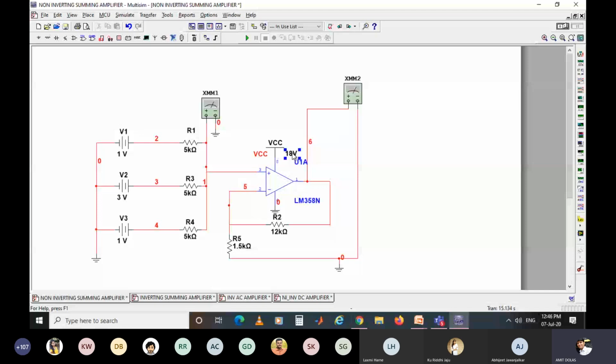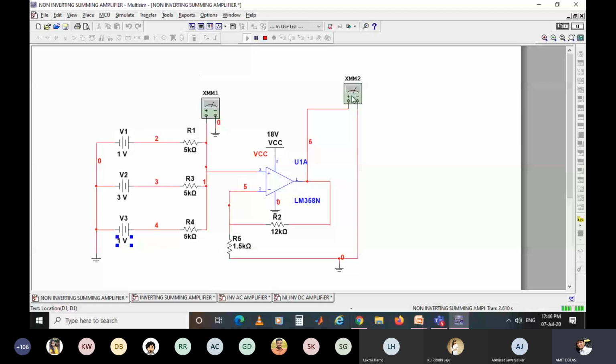So I made the power supply VCC equal to 18 volt and I will run this circuit again. Addition of the 3 sources, 1 volt, 3 volt and 1 volt, is 5, multiplied by the gain provided by this circuit, 3, it comes 15, and I got the simulation output equal to 15.